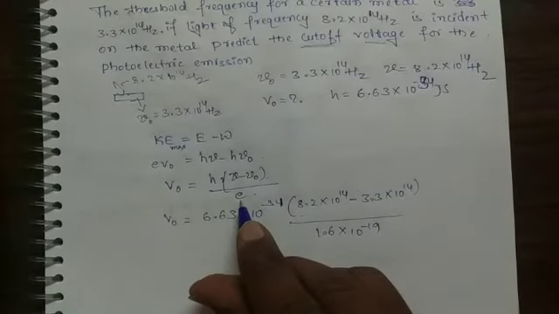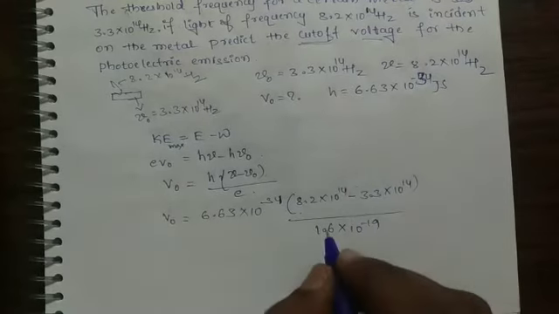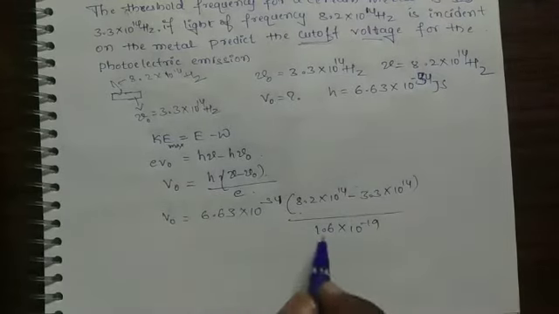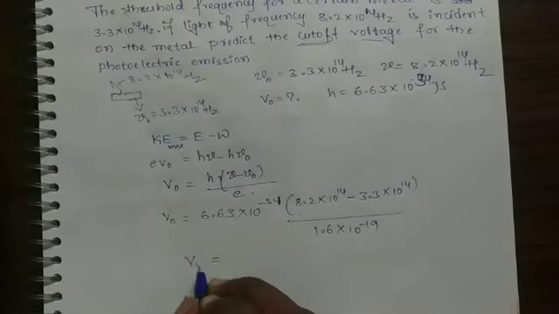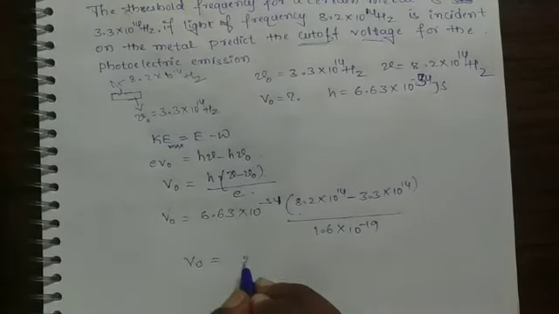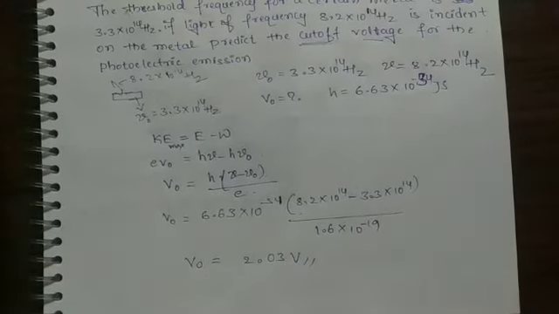Why? Because here we consider the charge on the electron. So if we simplify this equation, we will get the stopping potential, V naught, as 2.03 volt.